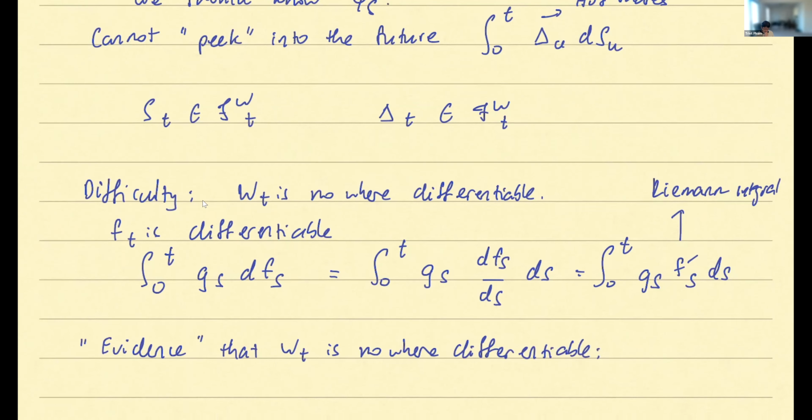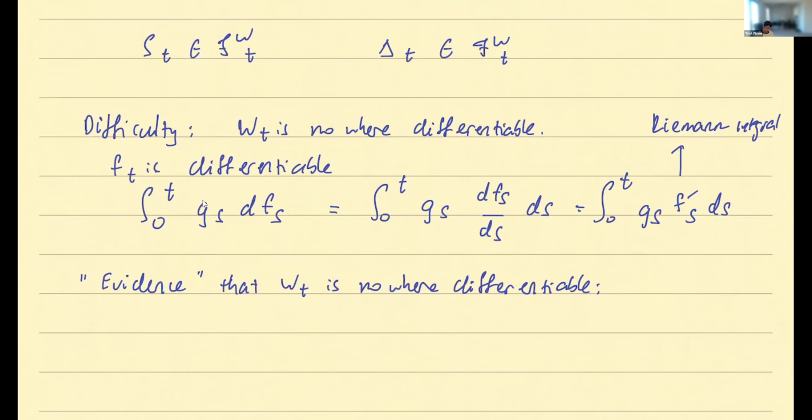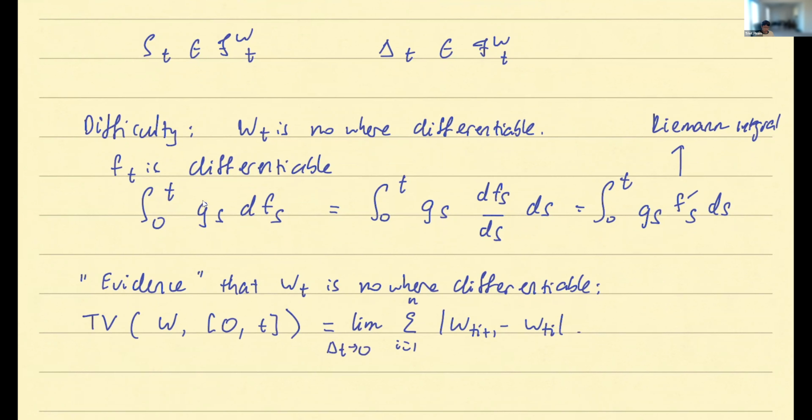And for that, we introduced the concept of the total variation of some function, some process, on the time interval, which will be the sum of the absolute value of the changes, but then you take the limit as the time interval goes to 0.